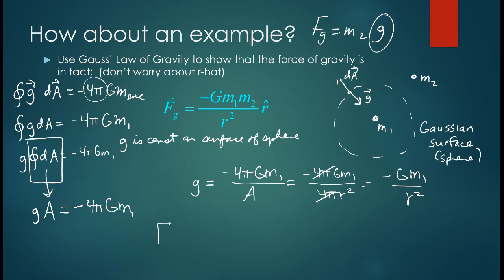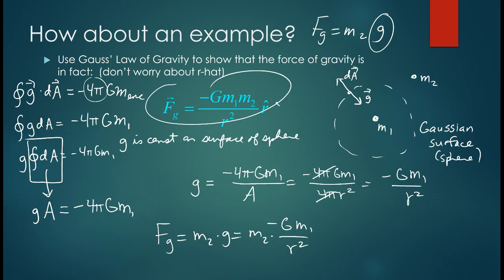And at this point we're done, because the force of gravity is just M2 times G, so it's just M2 times negative G M1 over r squared, which is what we set out to find. So this is a proof that Gauss's law of gravity actually works to give us the correct value.